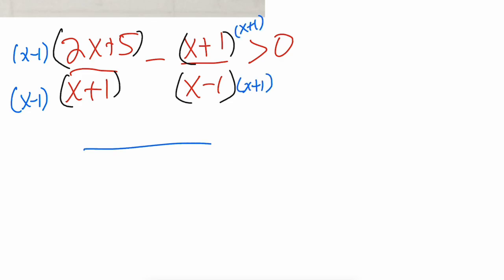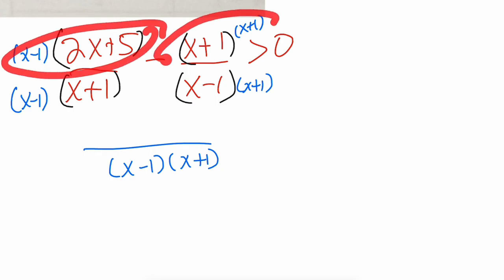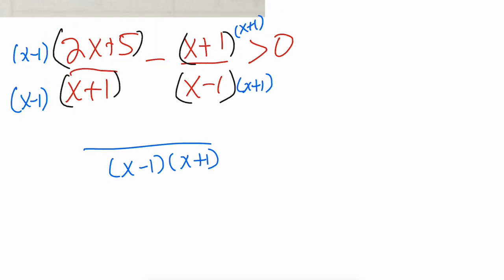Now, you want to leave the bottom containing both pieces separated. We don't usually multiply out the bottoms unless there's something that would make our life easier, like if there were square roots, you might want to do it. But otherwise, just keep the bottom separated. But we actually physically have to do these multiplications. Okay, so let's do that.